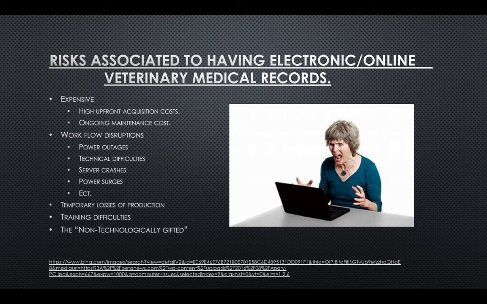Workflow disruptions. This is a big one. I have personally experienced this. Electronic records aren't foolproof. If you don't have the computer on, you can't look at the record. That's a big thing. If you can't turn the computer on or you can't turn the server on, or if something's happening, you can't access the information that you need.